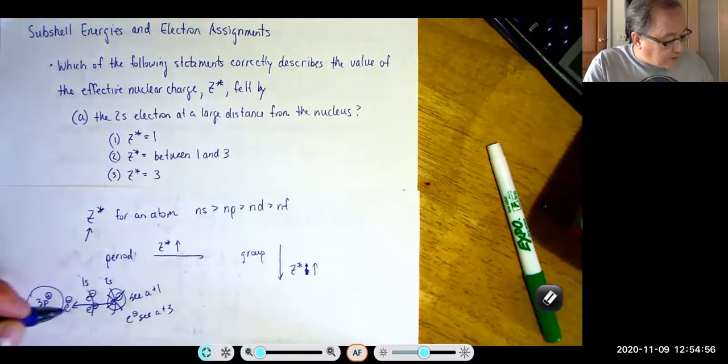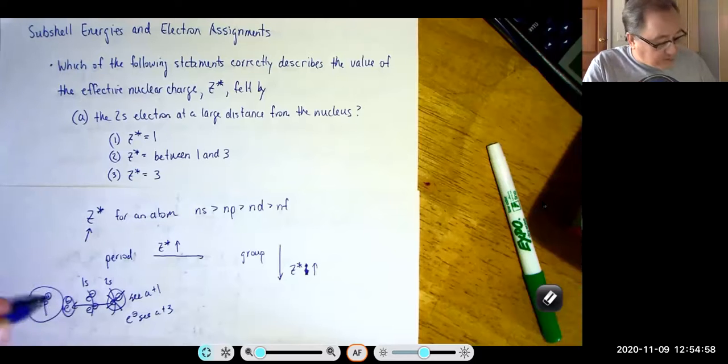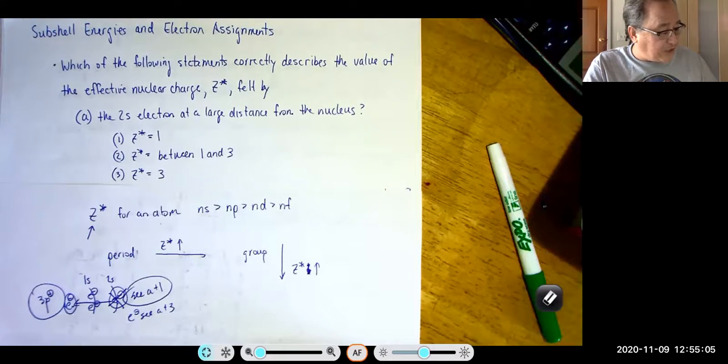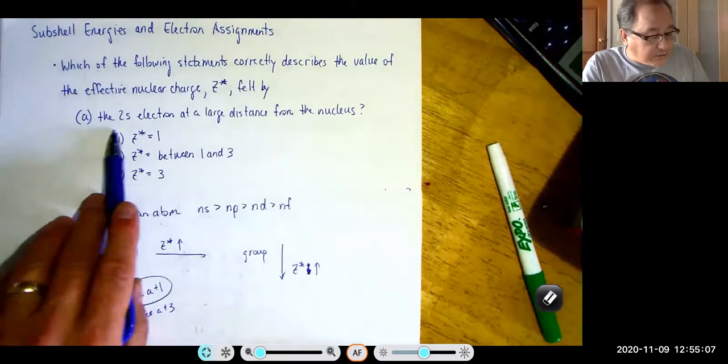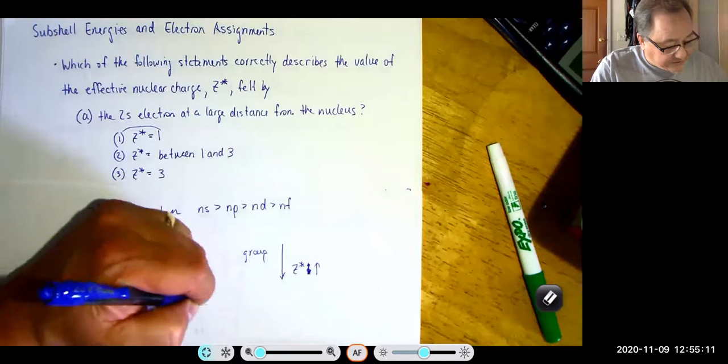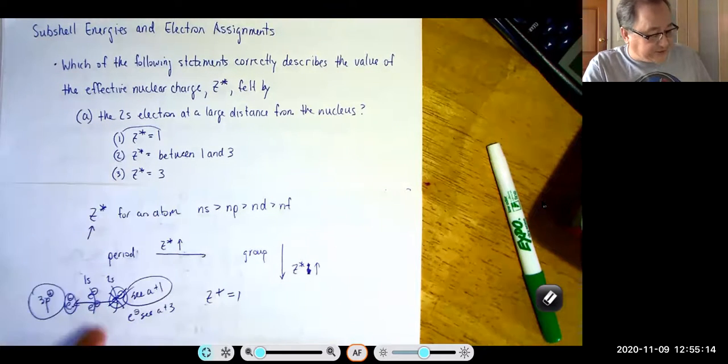Now, where does the electron spend more of its time? Inside or out? And the answer is out. So what's it going to see mostly? It's going to see mostly a +1. So at a large distance from the nucleus, the 2s electron is going to see a Z star equal to 1. So this is a large distance.